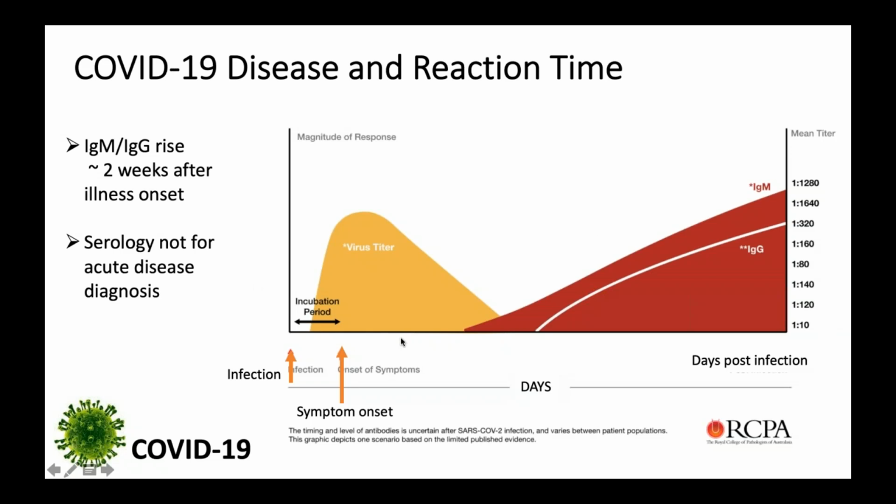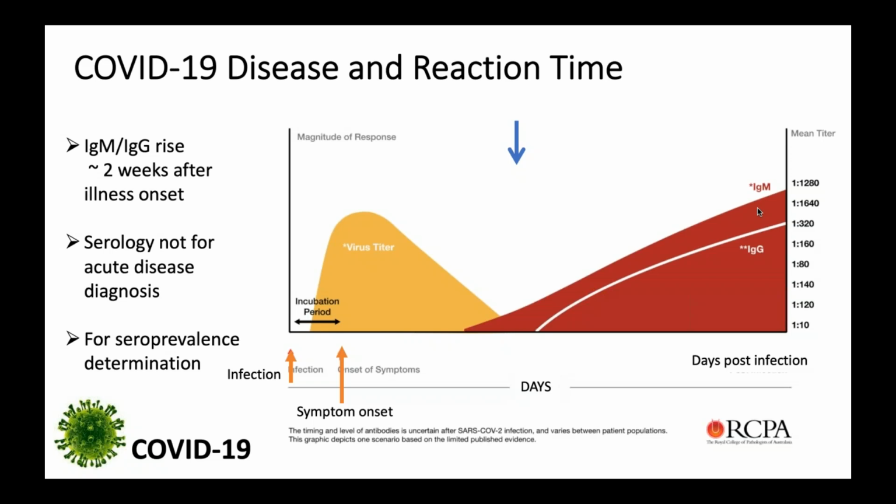The PCR test is the tool for disease diagnosis, whereas the serology is used essentially to determine seroprevalence in an individual or within a population. So determine whether a person has seen the disease before, and for a population to assess the disease prevalence. And again, the same issues and rationale applies as discussed before.